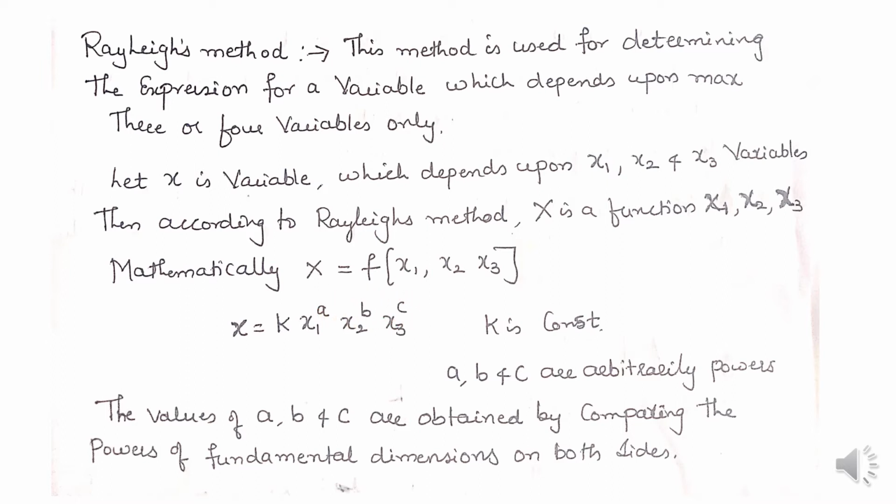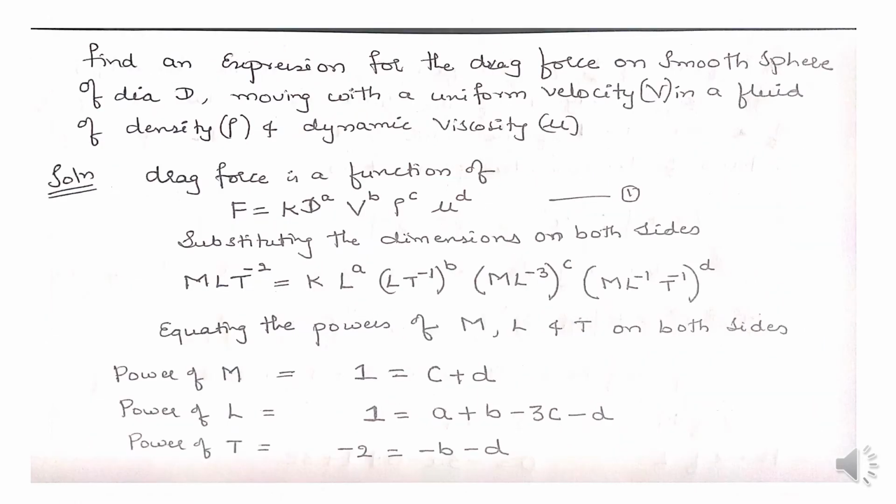So let us solve one problem, then it will be more clear for you. A problem solved by Rayleigh's method: find an expression for the drag force on a smooth sphere of diameter d moving with a uniform velocity v in a fluid of density rho and dynamic viscosity mu.